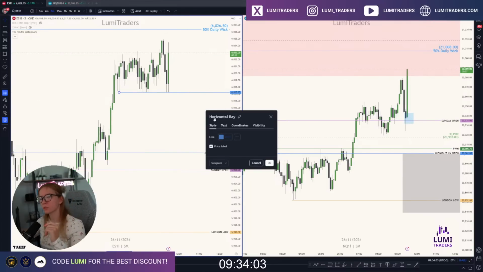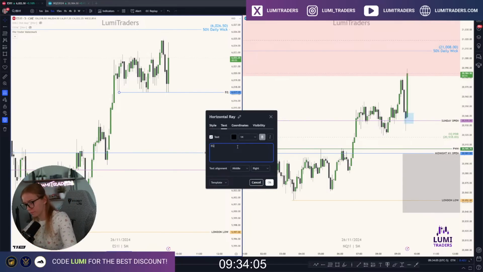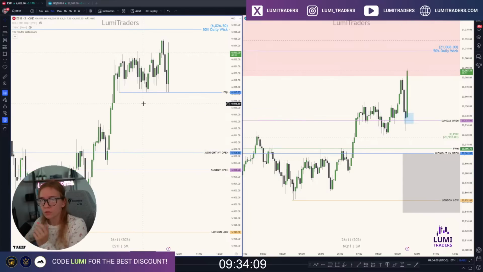Let me rename this as equal lows. So we got equal lows right here, both above New York midnight open. Just trying to hold SMT so far. Kind of tricky right now. I don't understand, with this strong move up, why doesn't it want to take this level yet?